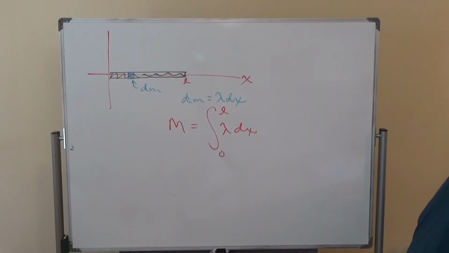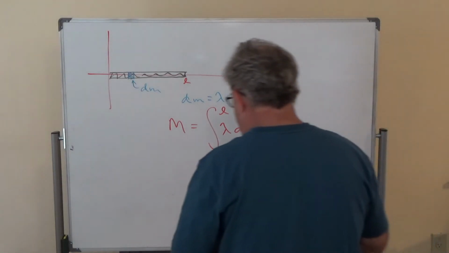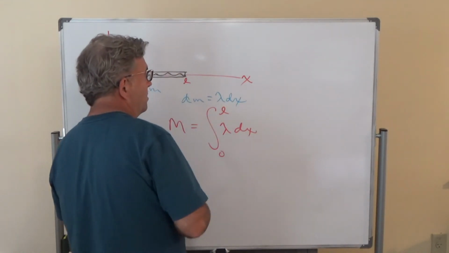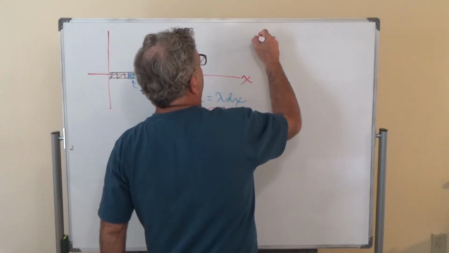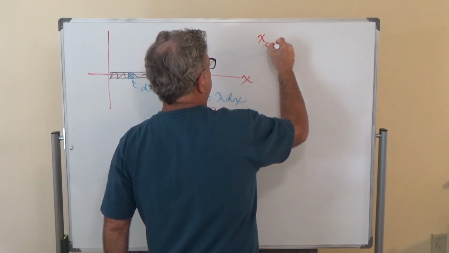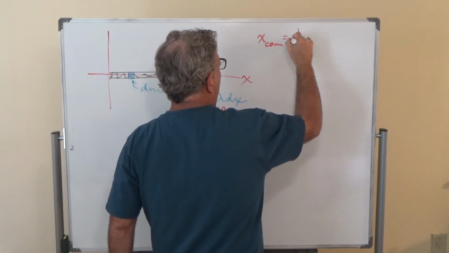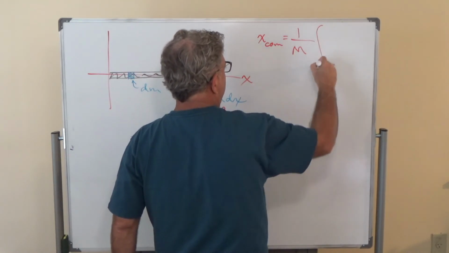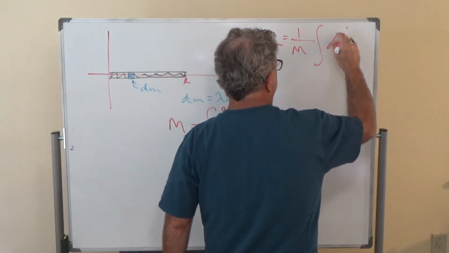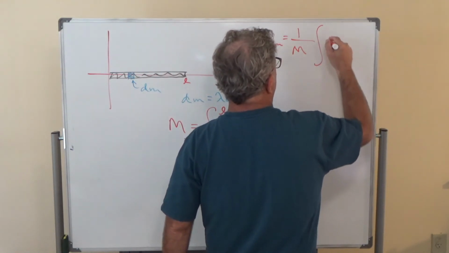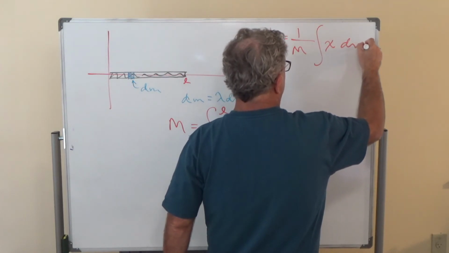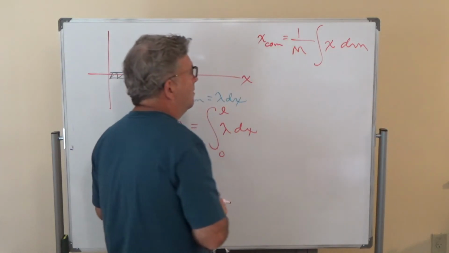For part B, how far from x equals 0 is its center of mass? Well, center of mass is x center of mass equal to 1 over the total mass times the integral of x dm. Okay?